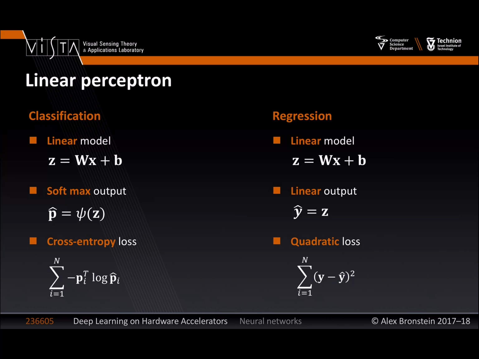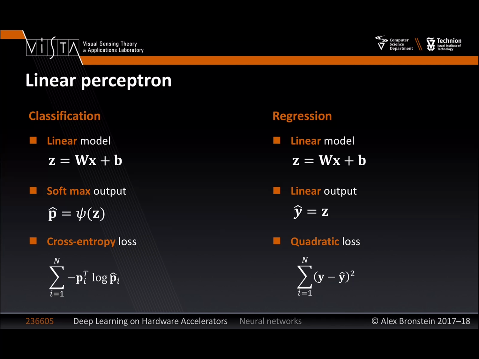Now, this model, as I mentioned, is called linear perceptron, and we can think of two settings in which it is used. We can think of the classification setting and the regression setting. So in one case, we would like to produce some probability of a label given the instance. In another case, we just want to produce some point in the instance space.